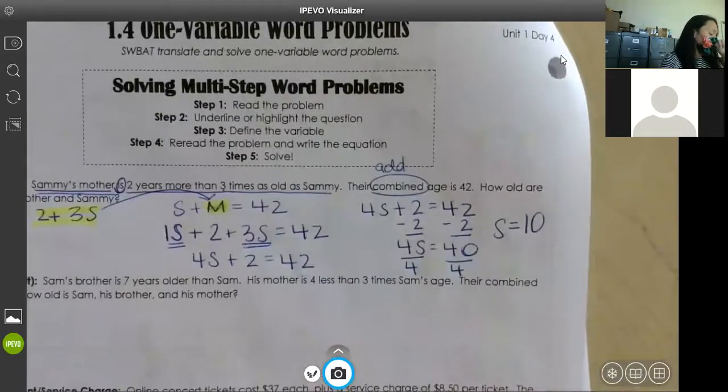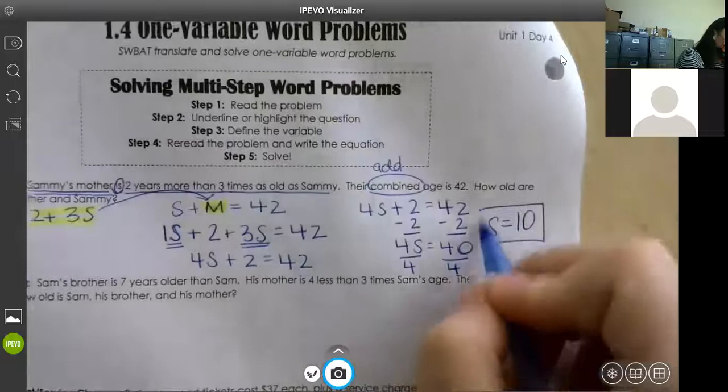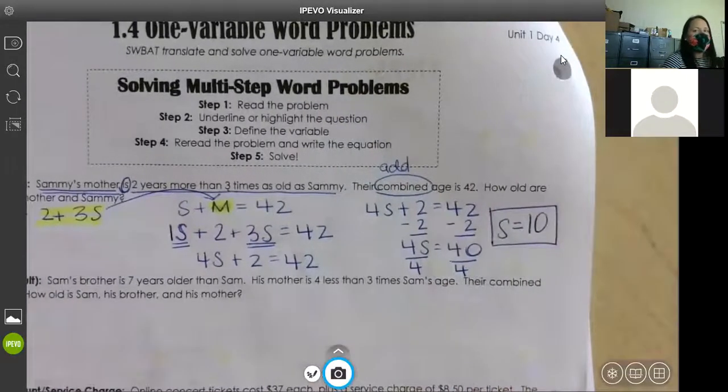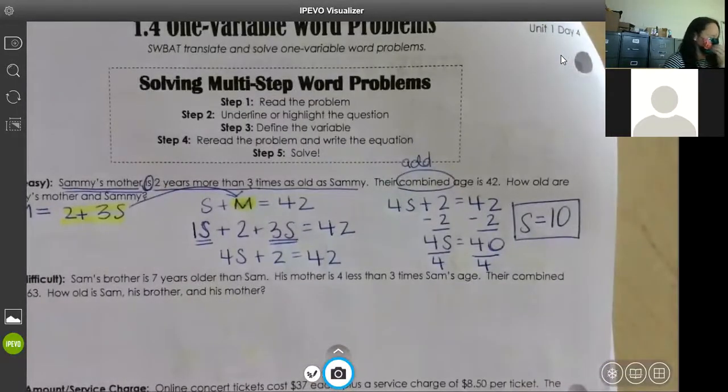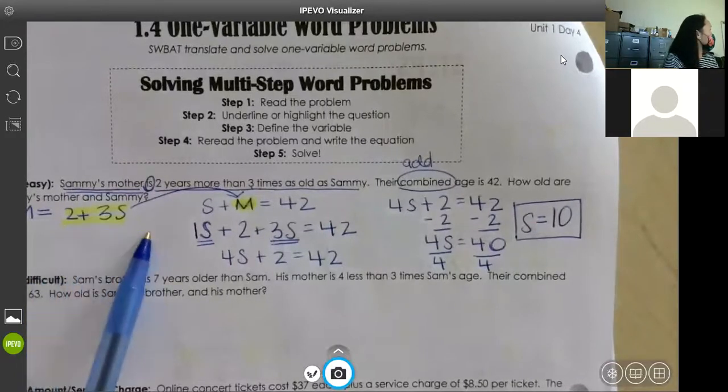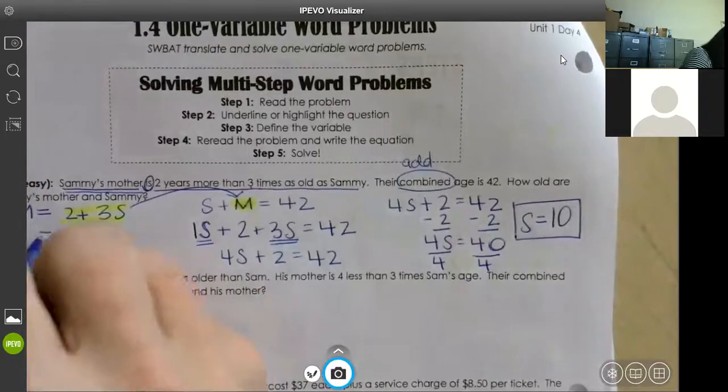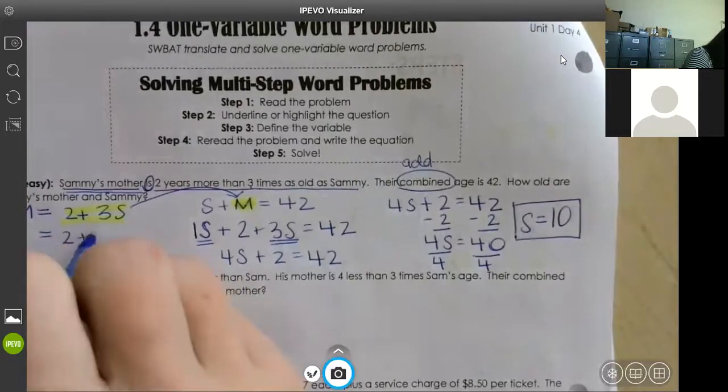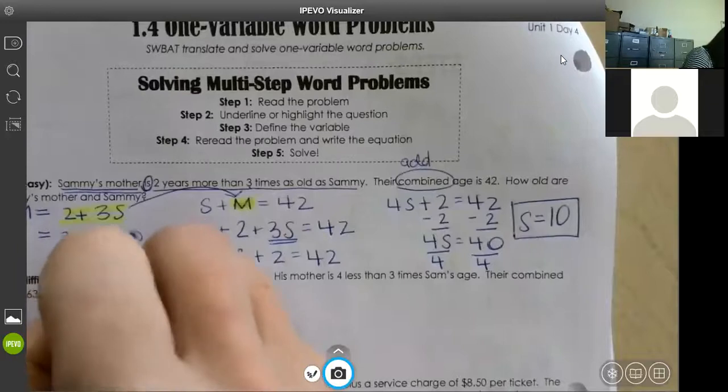What question did it ask us? How old are both of them? Sammy's mother and Sammy. So we have Sammy. He's 10. How can I figure out how old mom is? What did it tell us about mom? Wasn't it 2 plus 3S? What was S? What was Sammy? He was 10.